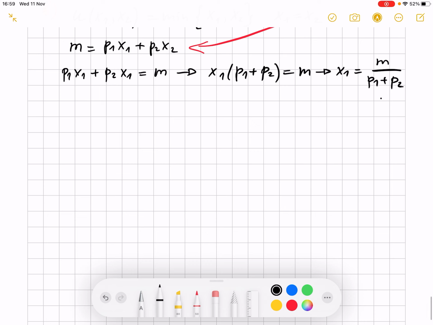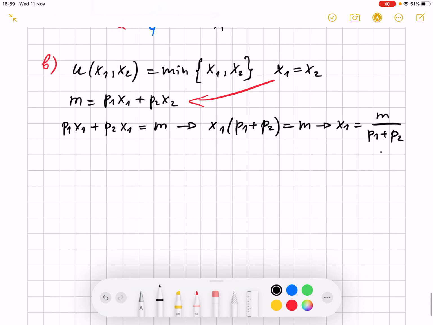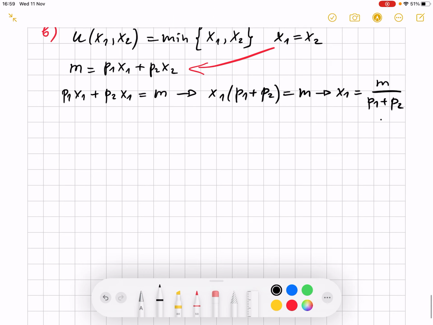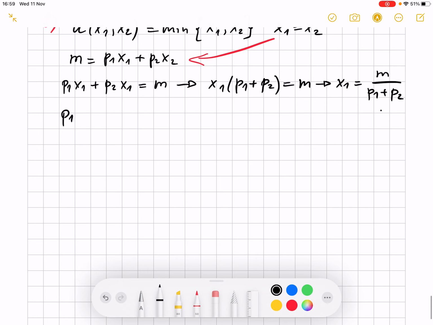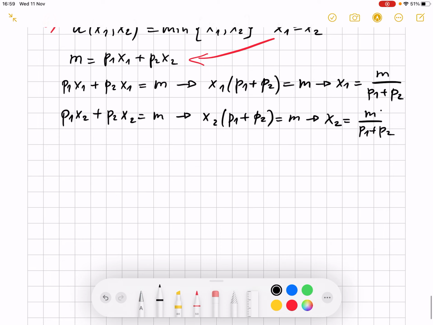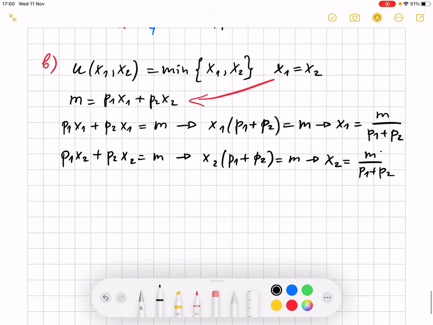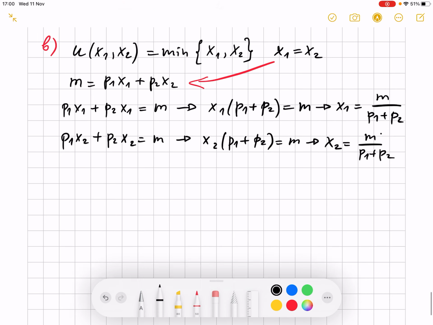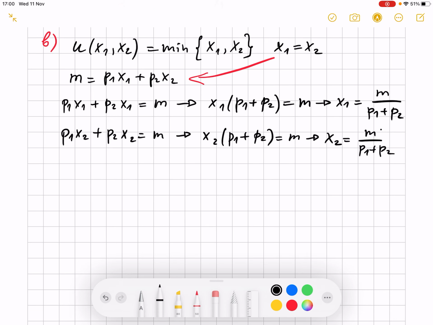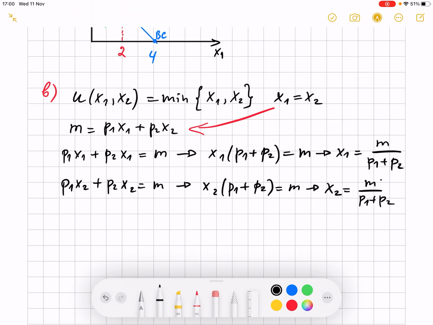And we do the same if we substitute x2 for x1, and we get the same result. So we have an identical demand function, which also makes sense because they want to consume in the same proportion, in the ratio 1 to 1. Okay, so that's it for this exercise.